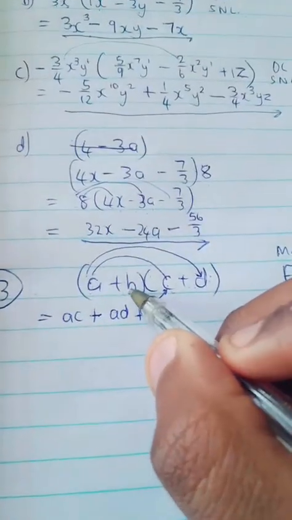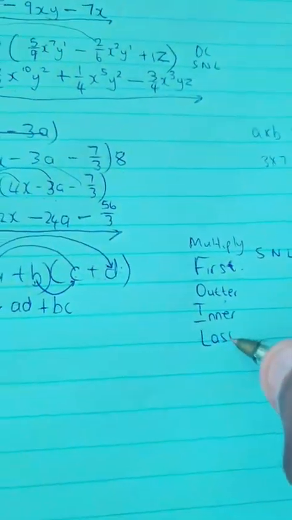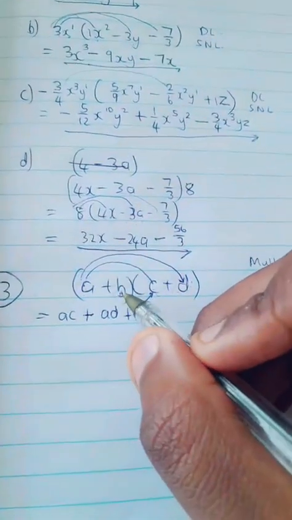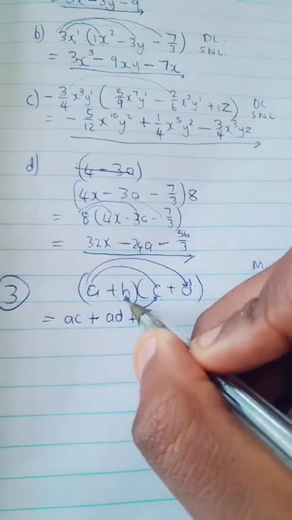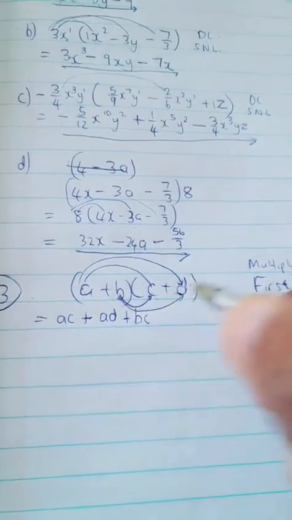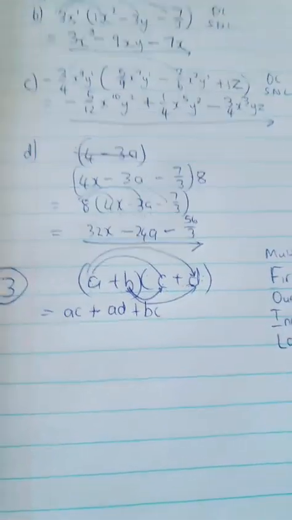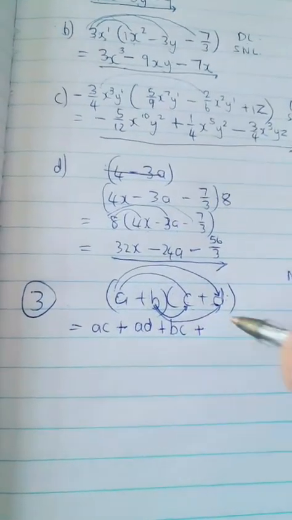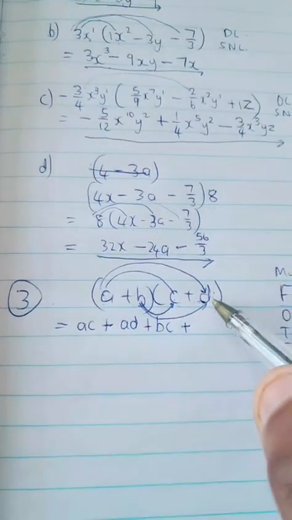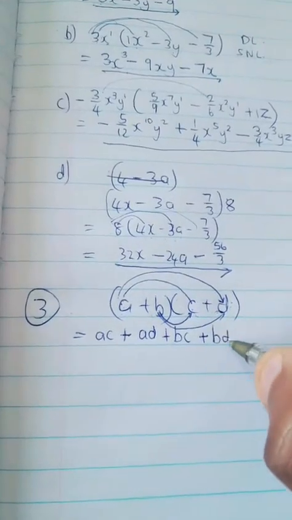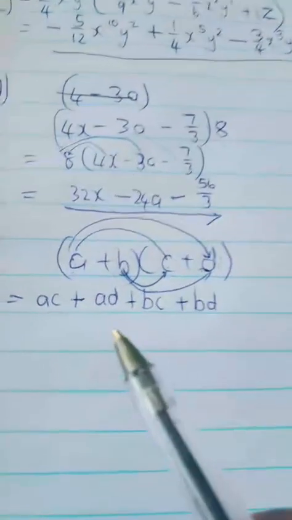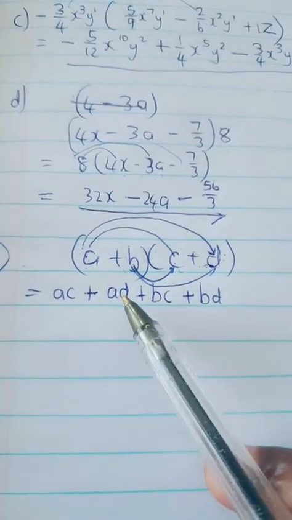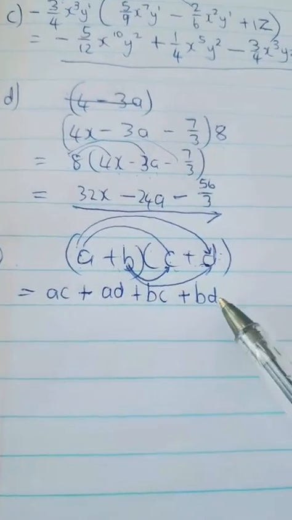Then we take the last terms in each bracket, meaning b and d. We distribute b and d. So, using S and L, positive times a positive, keep positive. B times D gives BD. So we have AC plus AD plus BC plus BD.